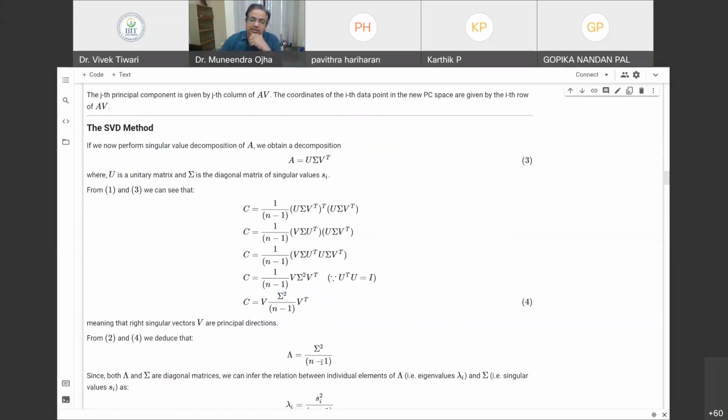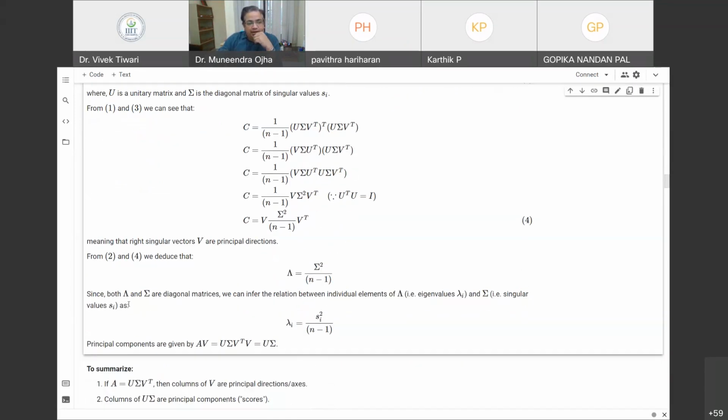From singular value decomposition we have sigma as the matrix of singular values. So take the square of it and divide it by n minus 1, and you will get the lambda matrix. Since both lambda and sigma are diagonal matrices, we can infer the relation between individual elements of lambda, that is the eigenvalues, and sigma, that is the singular values, as lambda i equal to the square of the singular value divided by n minus 1.